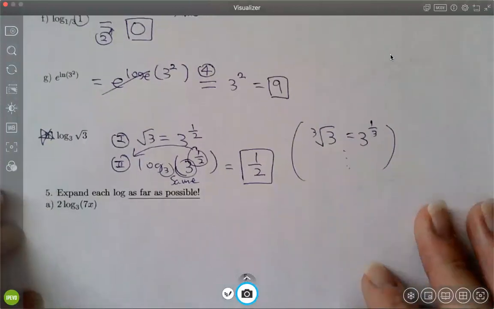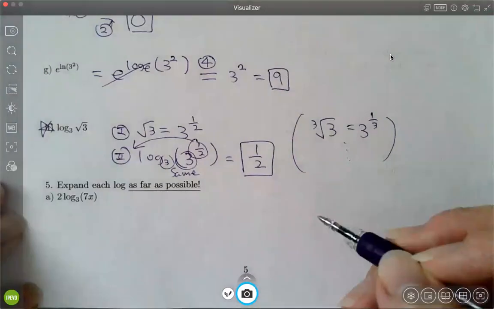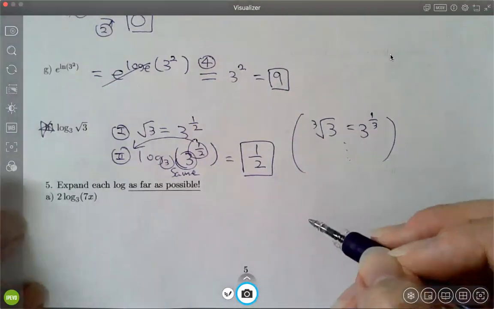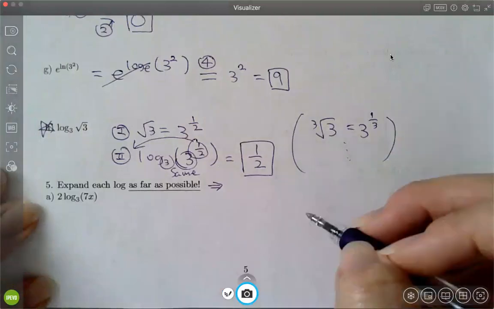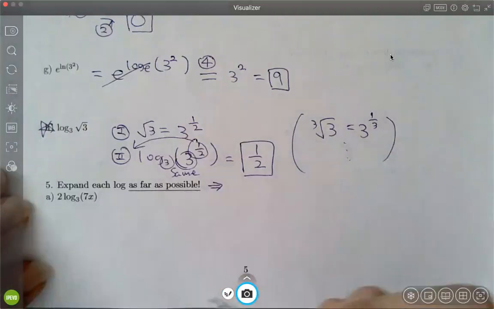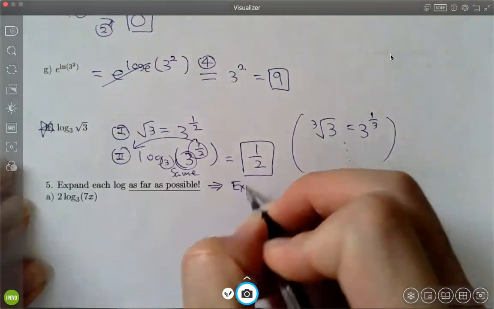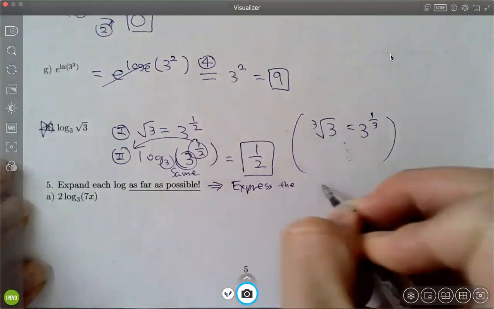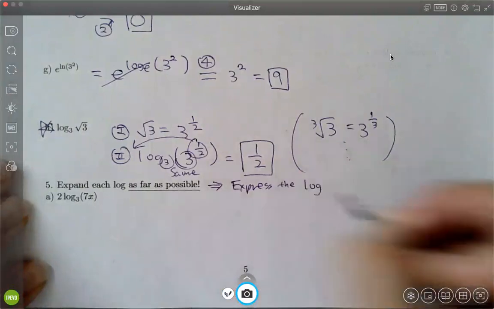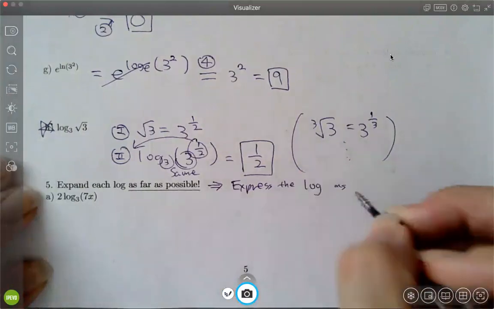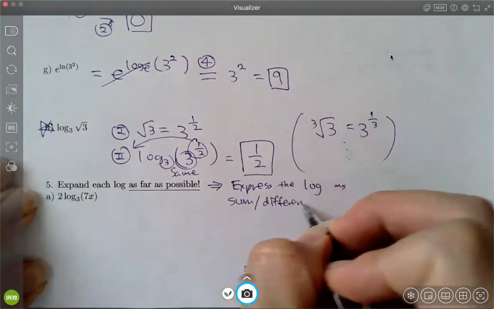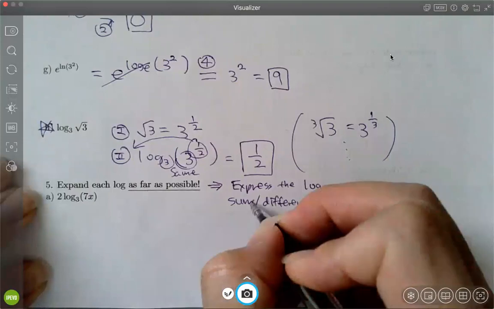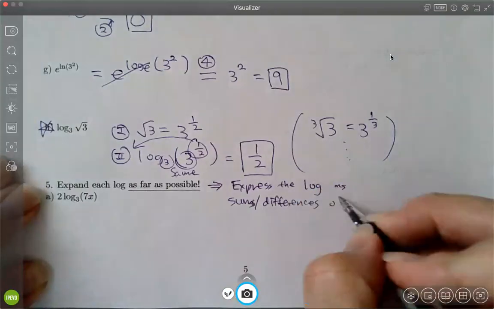What does this question even mean? Expand each log as far as possible. This problem means break down this log as much as possible. In other words, express the given log as sums or differences of multiple logs.